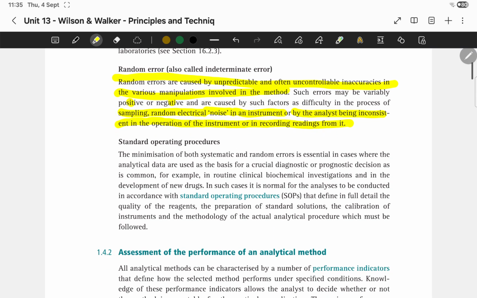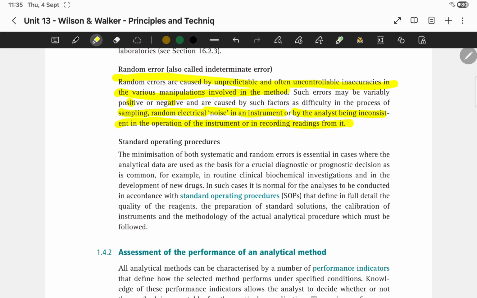Standard operating procedure. The minimization of both systematic and random errors is essential in cases where the analytical data are used as the basis for crucial diagnostic and prognostic decisions, for example, in routine biochemical investigations and in the development of a new drug.